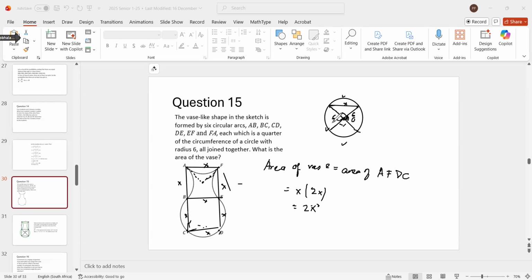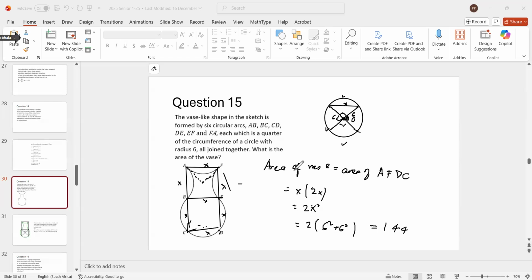Now you can see that these are 6, this is 6, and we needed to calculate X, and Pythagoras kicks in. So X squared is equal to 6 squared plus 6 squared, because this X is the hypotenuse of the small right angled triangle. And that is 72 plus 72, which is 144. So the area of the vase is 144.